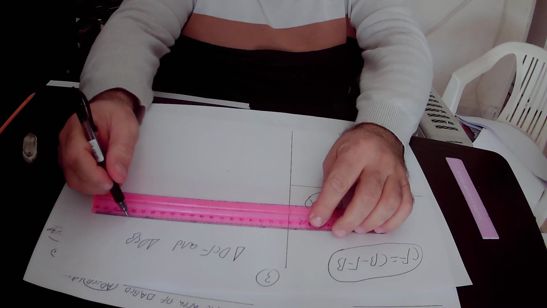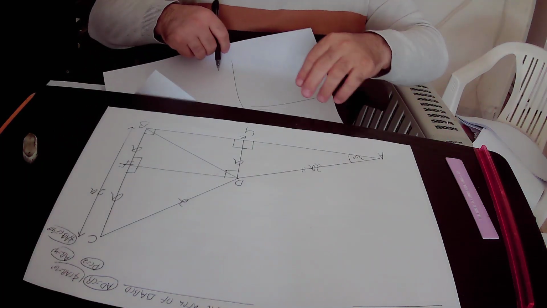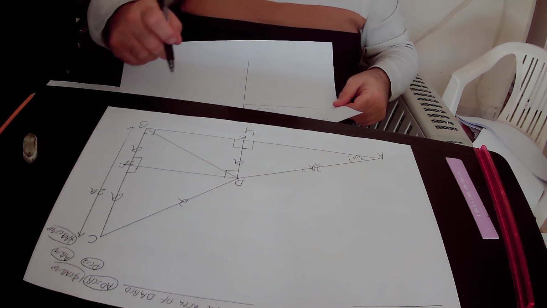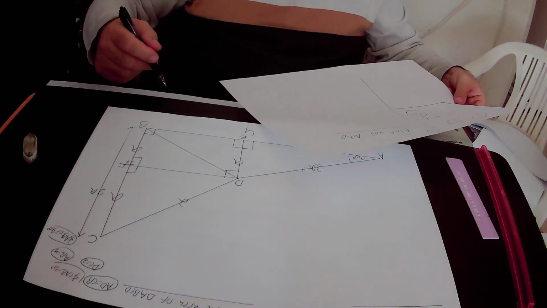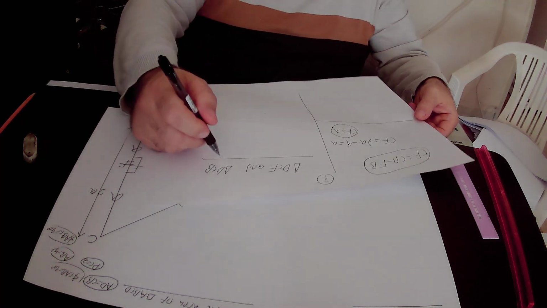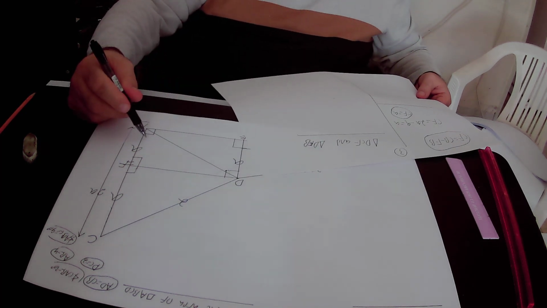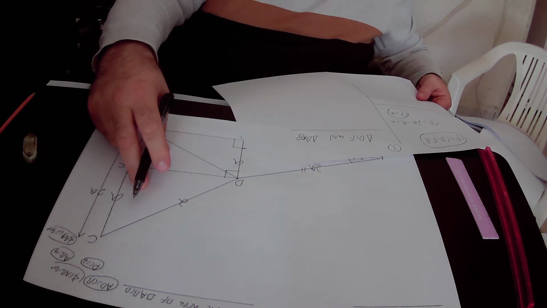So why are those two triangles congruent to each other?